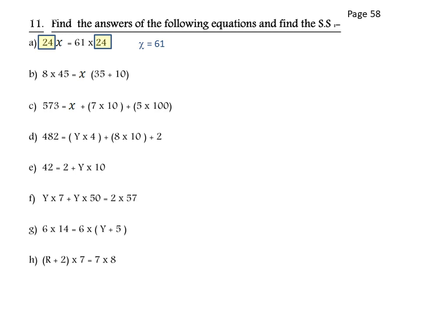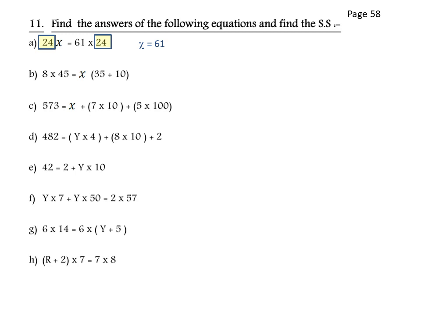I want you to learn how to solve it mentally, but when he tells you to find the solution set or solve the equation, we have to solve it in steps as we learned before. Let's see the next one: 8 times 45 equals x times 35 plus 10. I have two different operations here: times beside x, and plus.